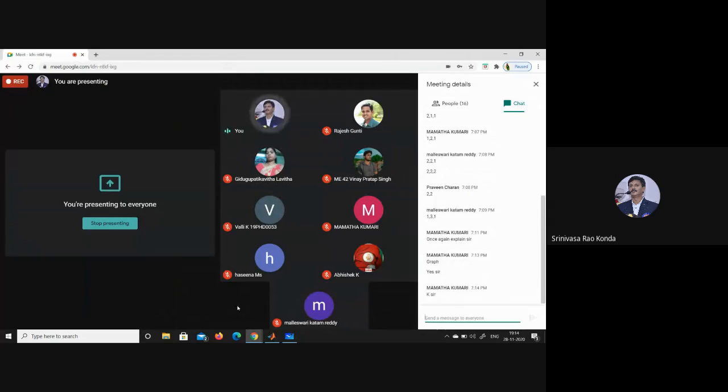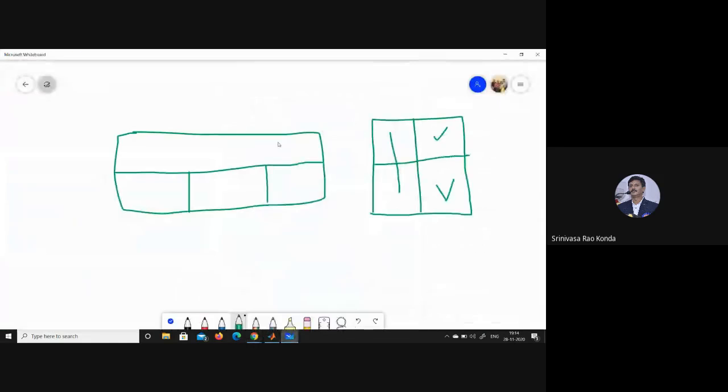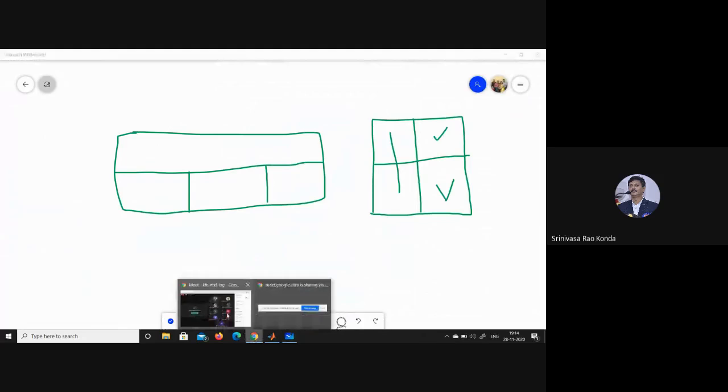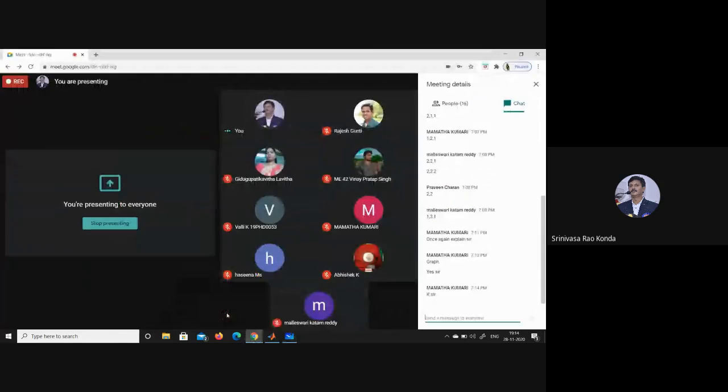Okay. Now my question is this one. How to plot this one? I want to plot one curve here, here three curves. What are the names for these windows? Tell me what are the names for these.